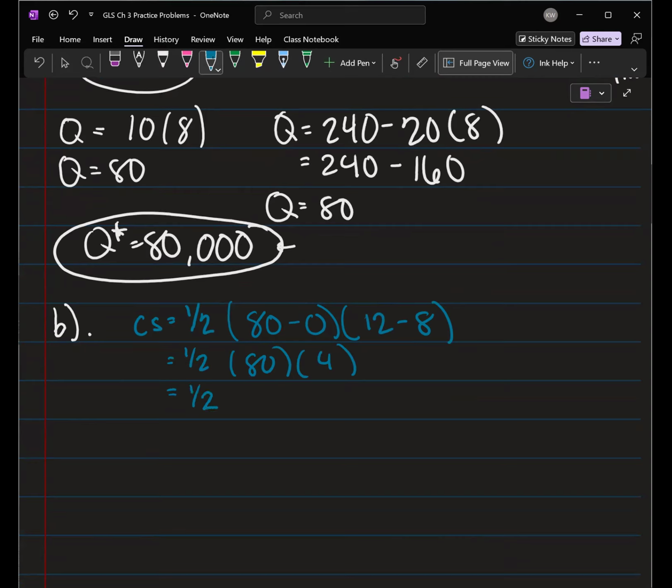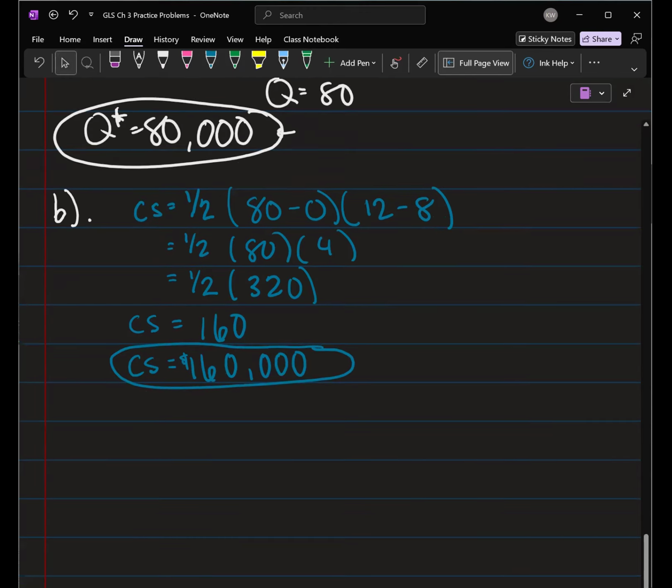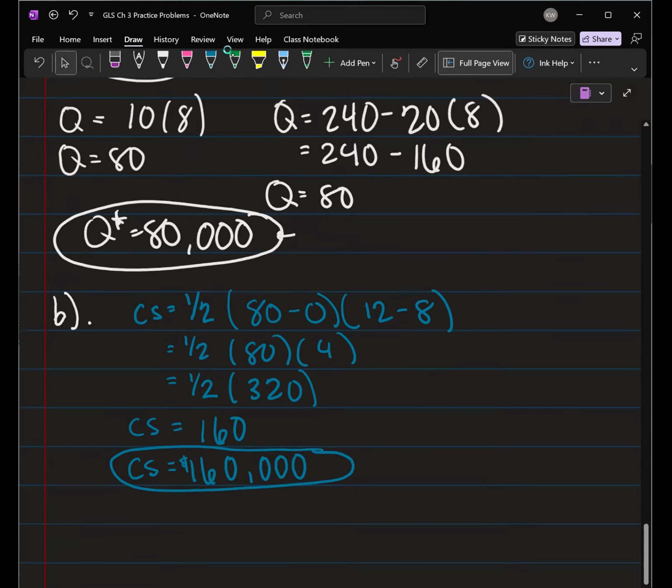That's going to give us 1/2 times 320, excuse me, not 3,200, 320. And then dividing that in 2 is going to give us 160 for our consumer surplus. And we want to keep in mind that our quantity units are measured in thousands. So we're going to multiply that by 1,000 to get our answer for consumer surplus of $160,000.